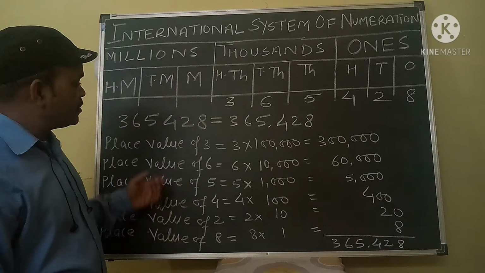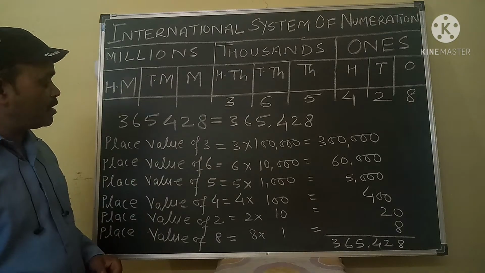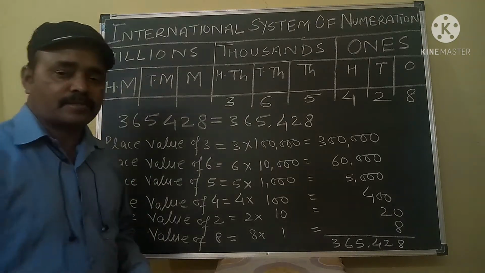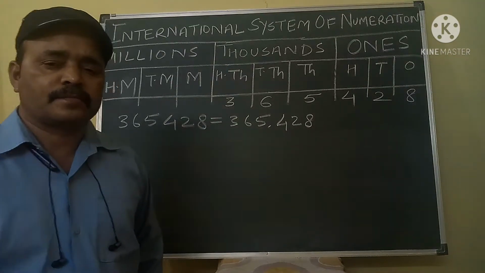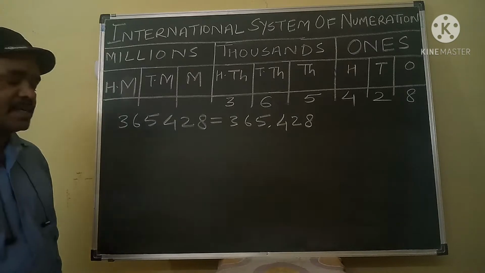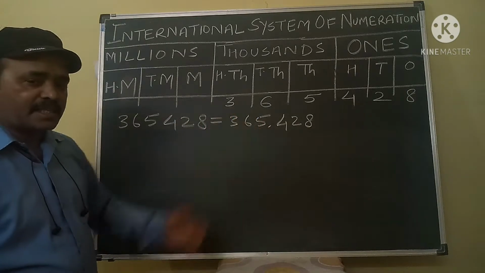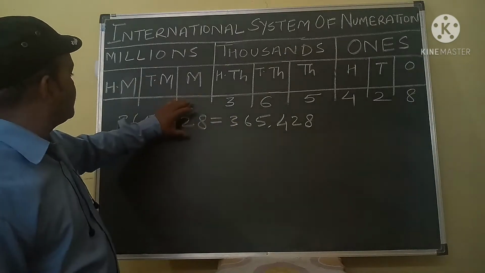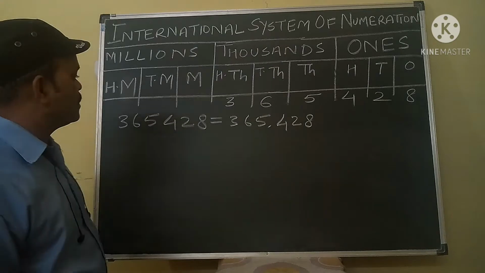How can you read and write this number? So we will discuss. Again, my dear students, how can you read and write this number according to the International System of Numeration?